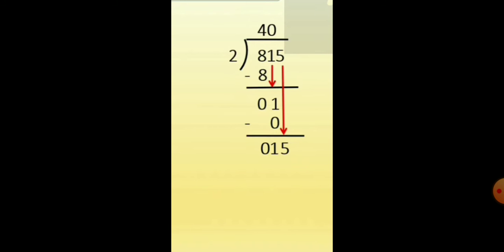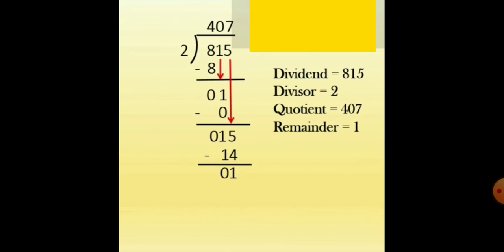So in this case, you will take the lower number than 5. The lower number than 5 is 4. So I will lower down the 5. So my number became 15.